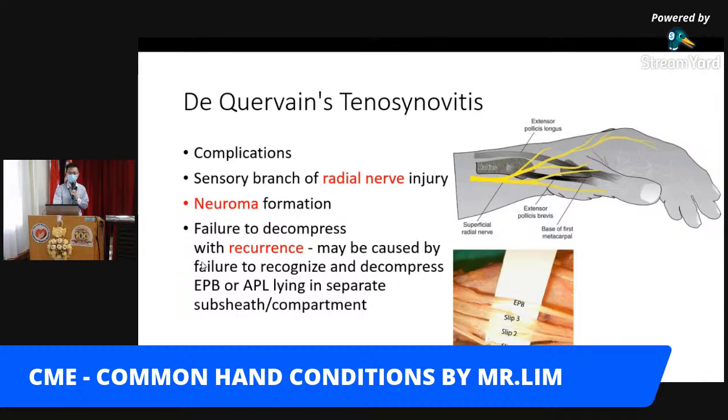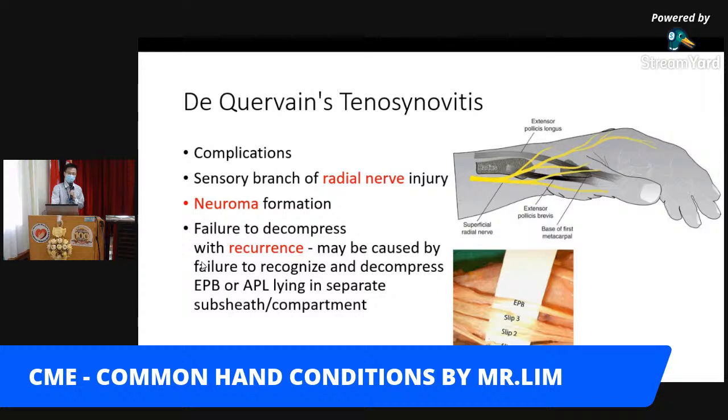So when we release one, we thought finished already. Who knows there are 2 or 3 more. So APL has got multi-slips. And EPB, on the other hand, has been shown sometimes to have a subsheath. It's not one sheath, there's a subsheath. Sometimes, yeah, normal variation.